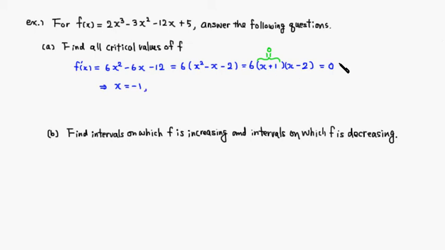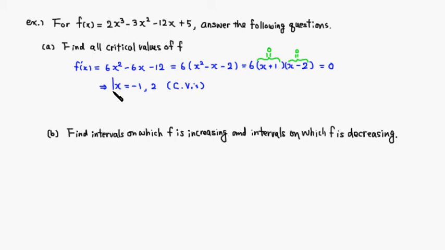Then setting x minus 2 equal to 0, we get x equals 2. These are the critical values of this function.